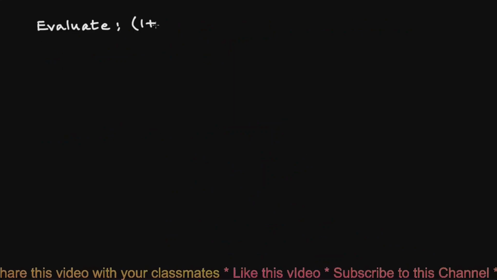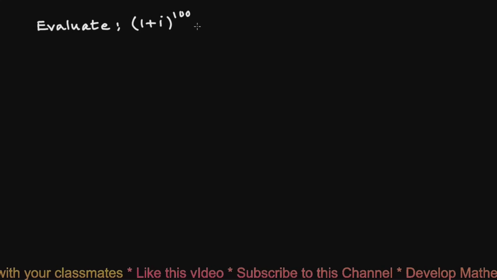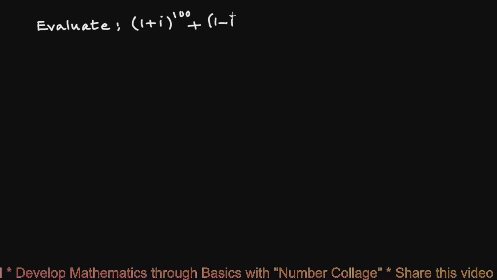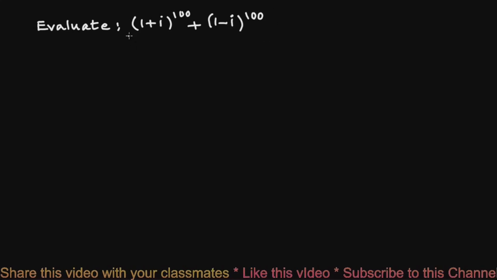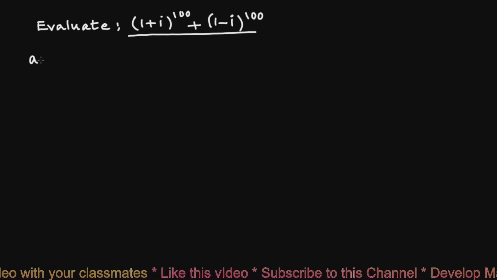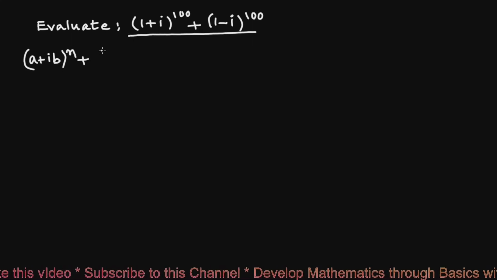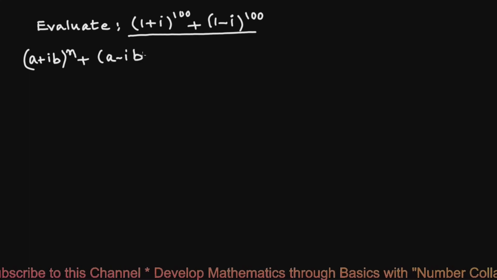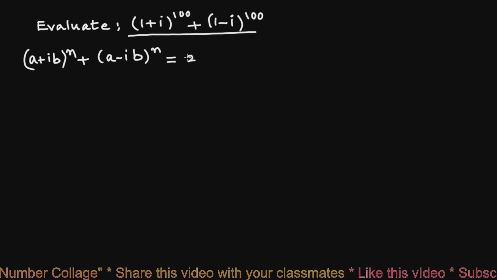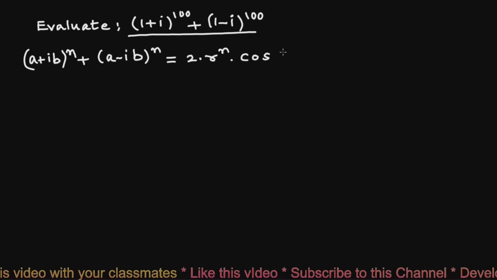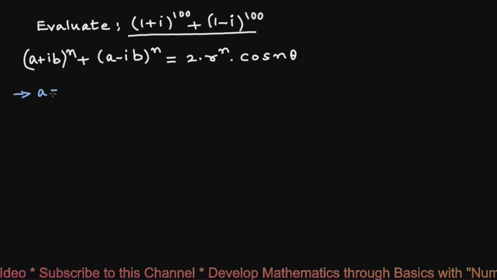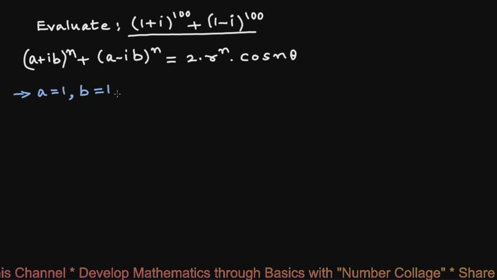In the next problem, we evaluate (1 plus i) raised to 100 plus (1 minus i) raised to 100. Comparing this with (a plus ib) raised to n plus (a minus ib) raised to n equals 2 r raised to n cos n theta, we get a equals 1, b equals 1.